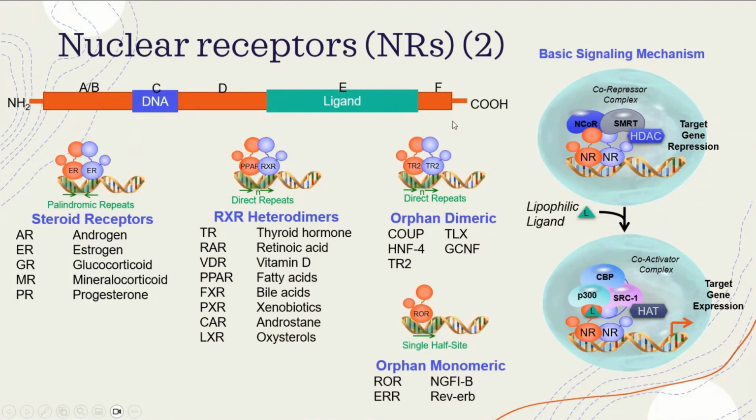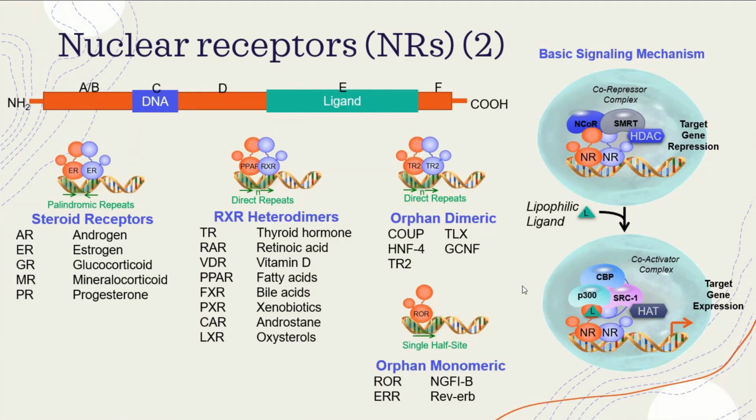This ligand binding domain responds to the interaction with the drug by changing shape and changing its ability to bind to other proteins. One of the features that I mentioned before is the DNA binding domain, which recognizes a specific piece of DNA, and there are also structures that tell the receptor whether it's going to form a heterodimer or a homodimer.